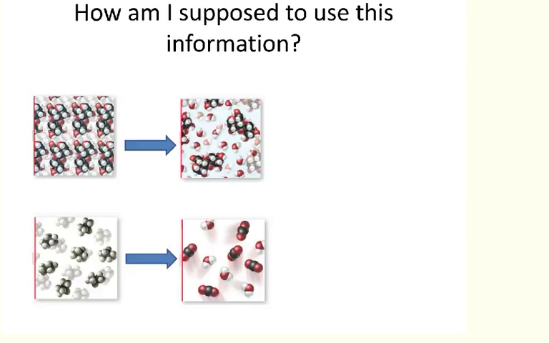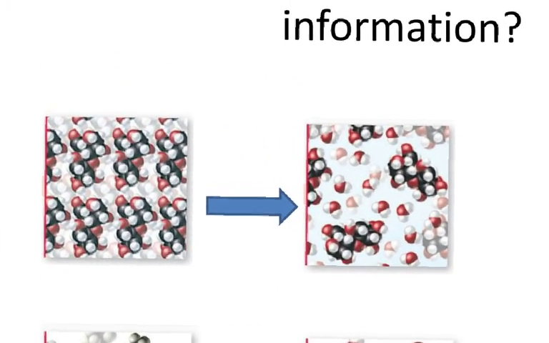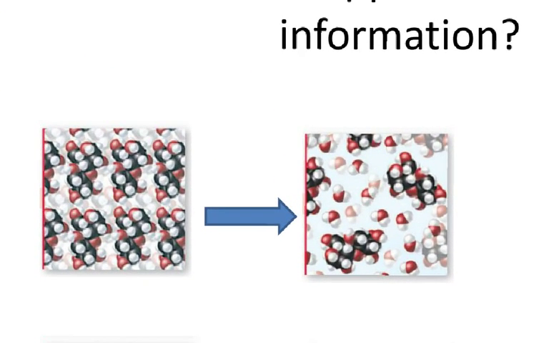So for this example, I want you to determine whether or not it's a physical or a chemical change that occurs. So let's look at the first one. So in this first example, you have a molecule over here on the left, you have a molecule over here on the right. They're the same molecule.